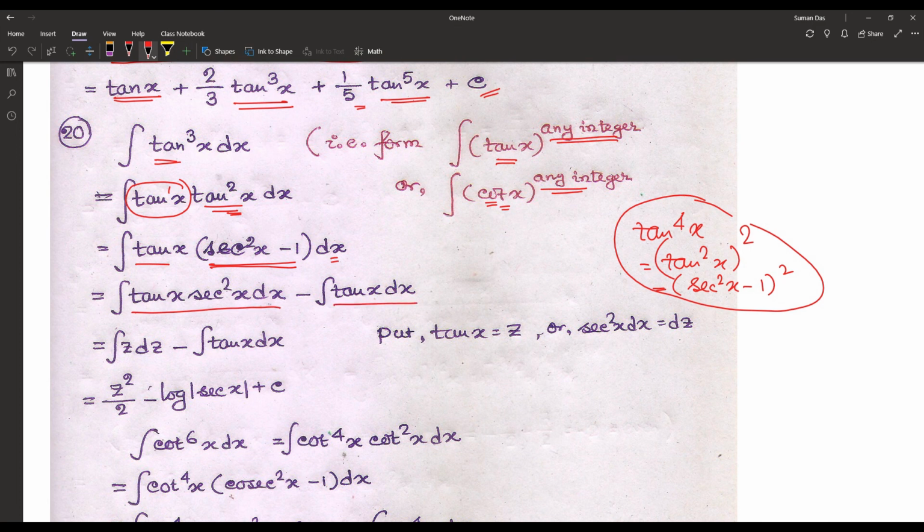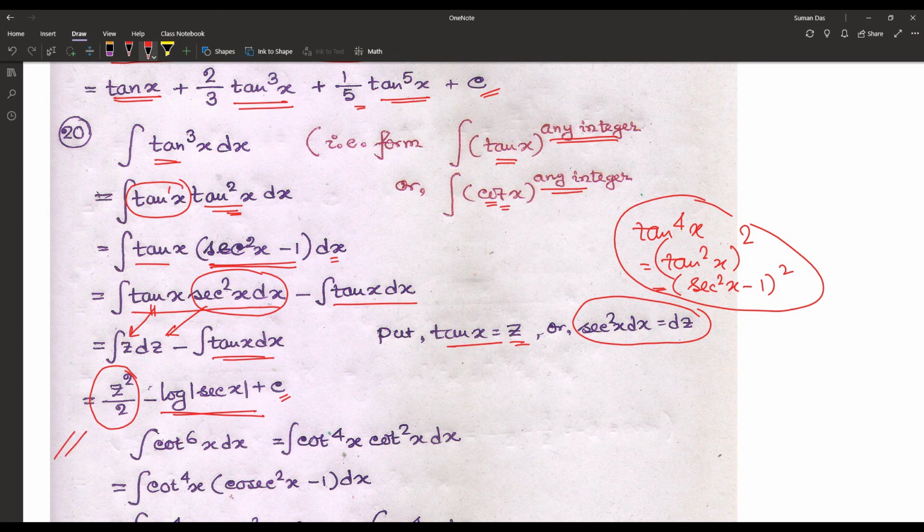So if we put tan x is equal to z, then dz is equal to sec square x dx. So that part is now only dz and tan x is equal to z. That gives us the result z square by 2, and the integration of tan x dx we already know is minus log mod of sec x. So plus the integration constant, and that is our result.